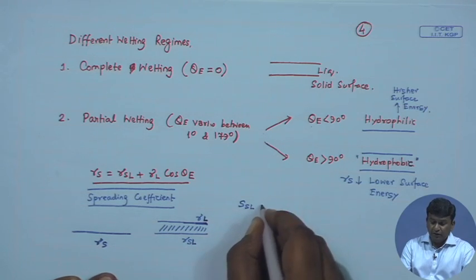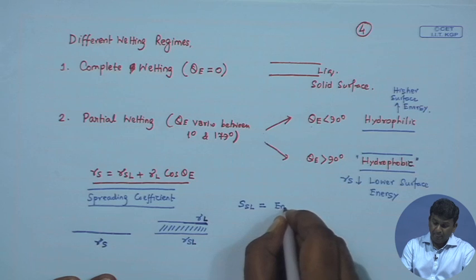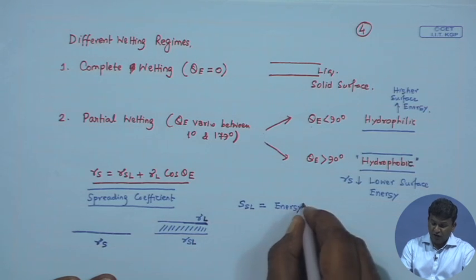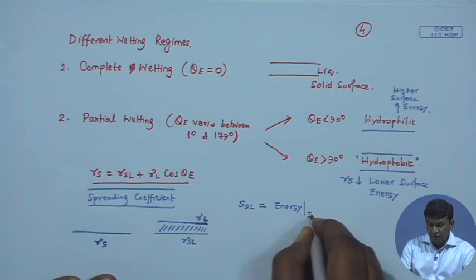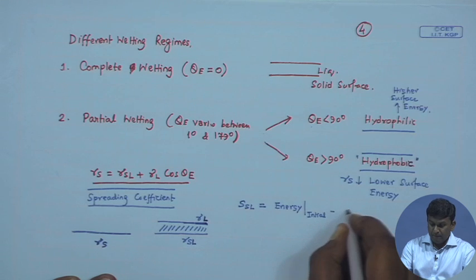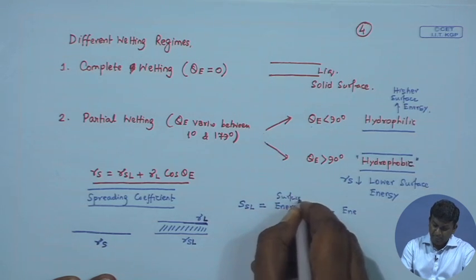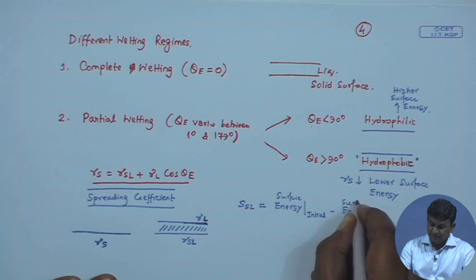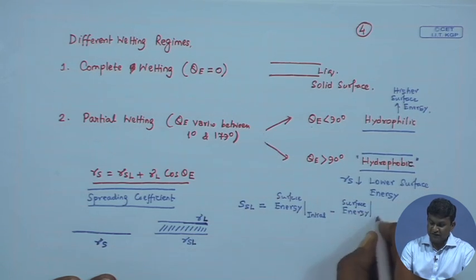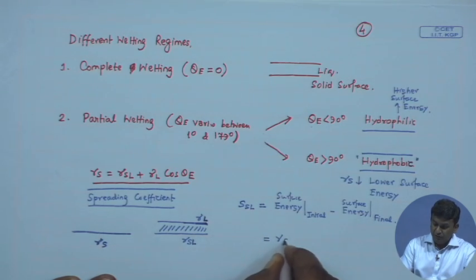You just need to subtract the energy per unit area of the initial configuration minus the total surface energy, or the total energy ascribed at the surface in the final configuration, and that gives you this expression.